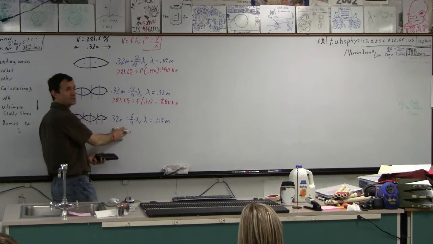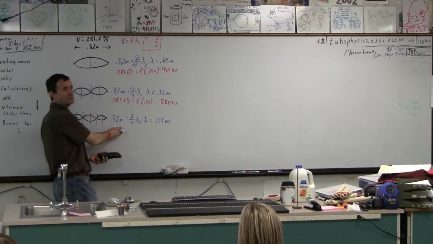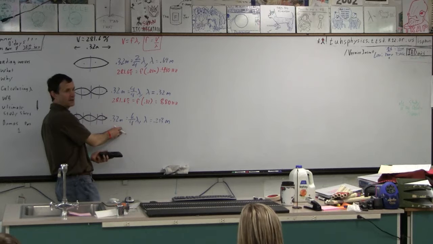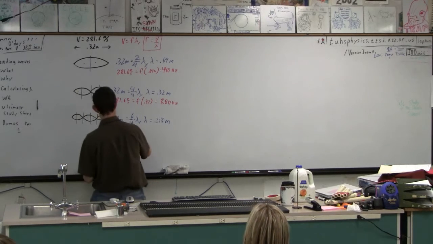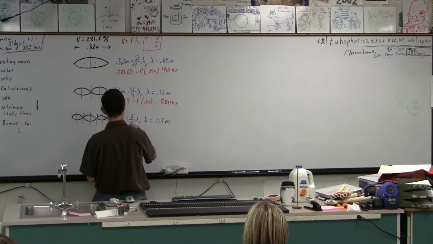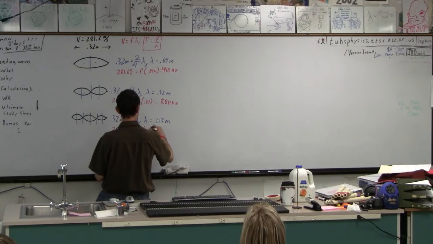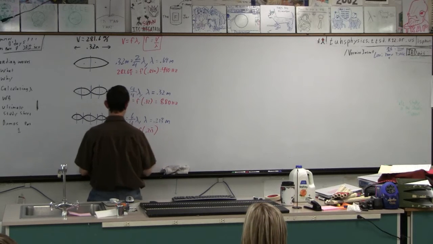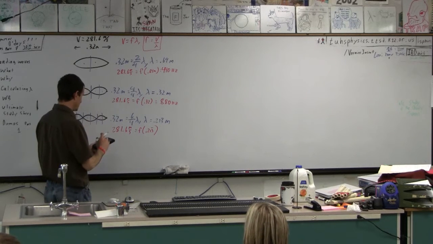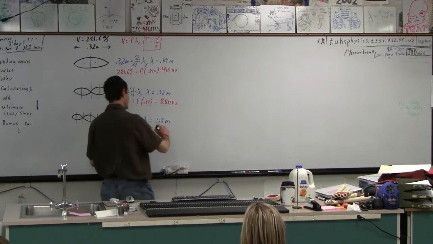All right. What's this one? Is this going to be 1760? Is it going to keep doubling? Is that the pattern, or is it going to keep adding 440? Let's just see. 281.6 meters per second is f times 0.21333333333. So 281.6 divided by that is 1320, isn't it?